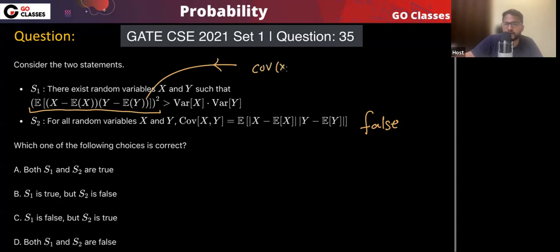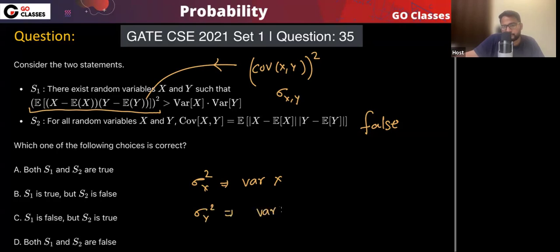This is covariance of xy squared, right? We generally write the covariance like this also. I think I told you, this is the variance of x, this is the variance of, for example, y, and this is the covariance between x and y.